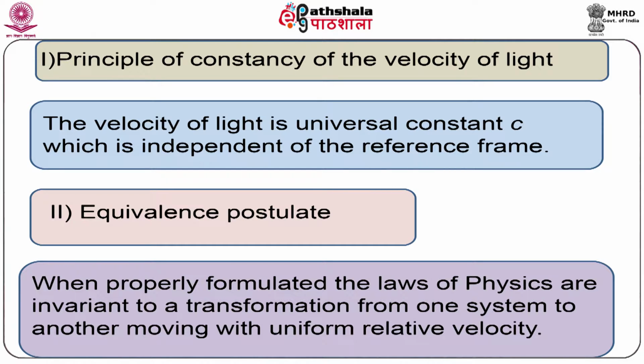In 1905, Einstein proposed that the laws of physics are the same in every inertial frame, that is, there is no preferred inertial frame. This is known as Einstein's principle of relativity.